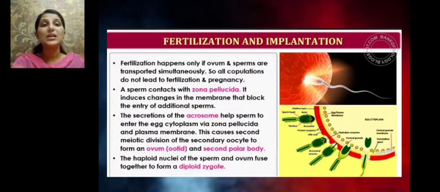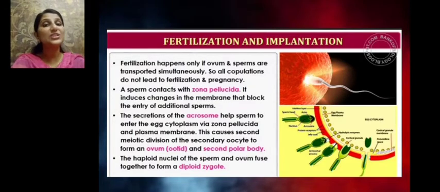Once the nucleus of the sperm enters the cytoplasm of the egg, this induces the second meiotic division of the secondary oocyte, completing the second meiosis to form the secondary polar body and the ootid or the ovum. The haploid nuclei of the sperm and the ovum fuse together to form a diploid zygote, thus completing fertilization.